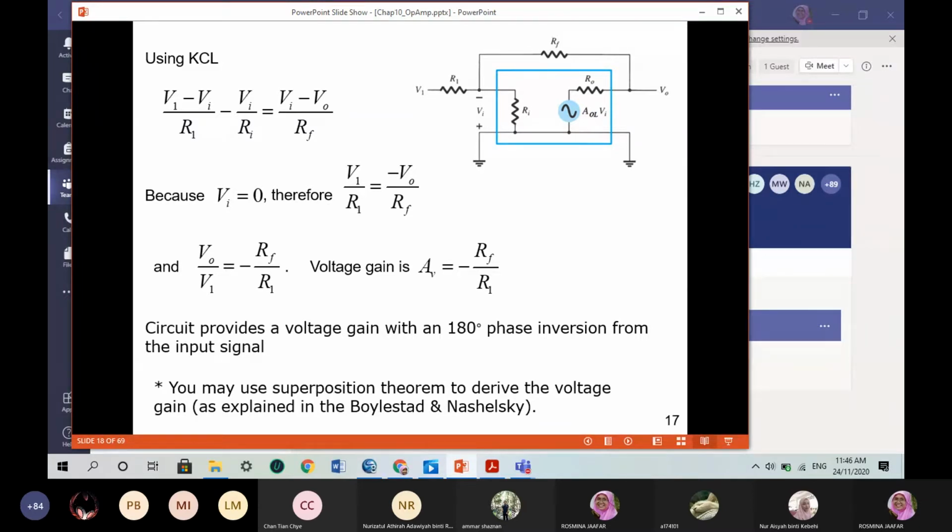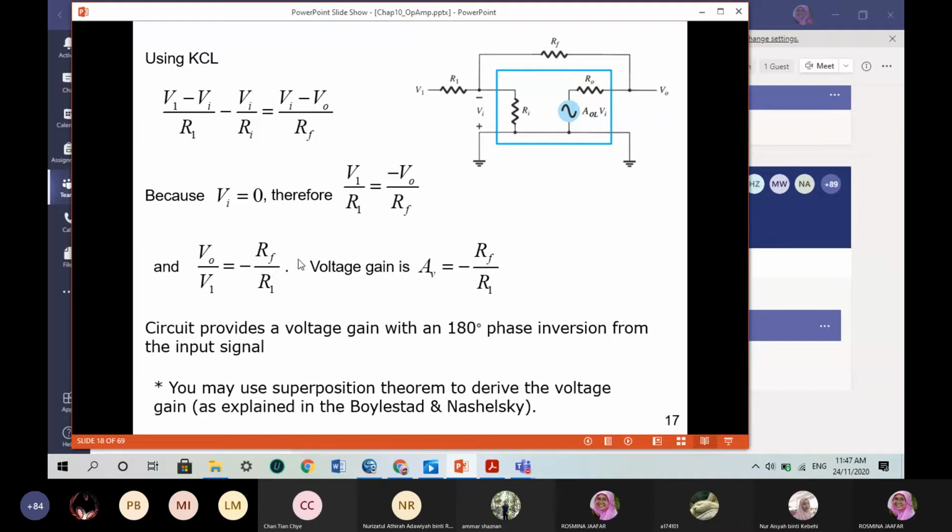Because Vi is 0, V1 over R1 becomes negative Vo over Rf, and Vo over V1, which is the gain, since you consider output over input, is a factor of Rf over R1.